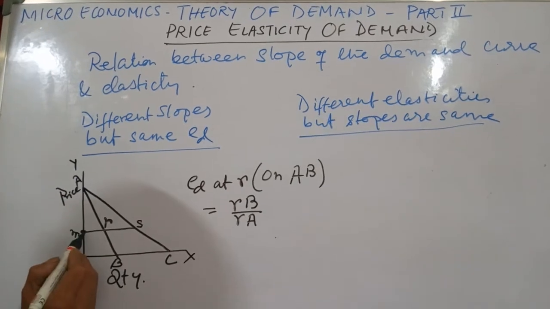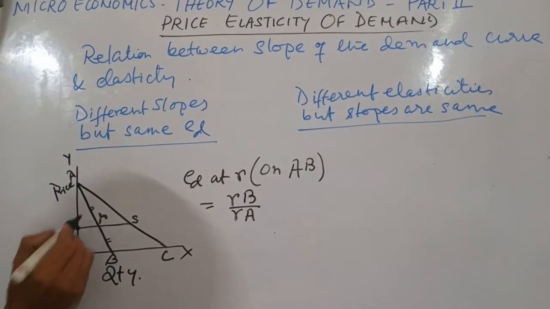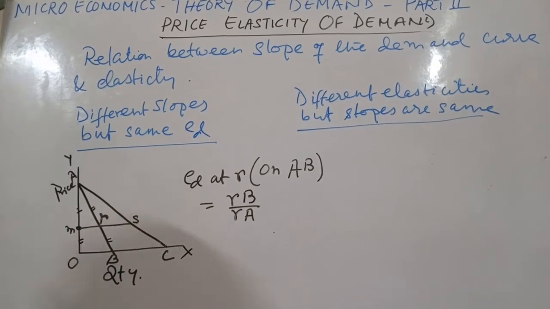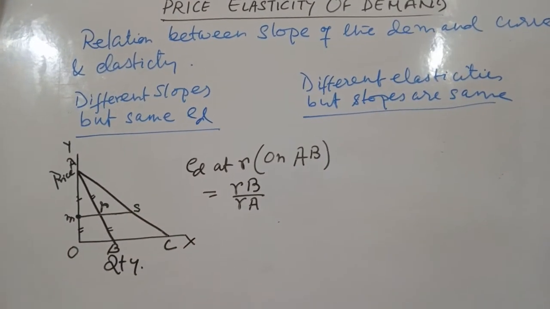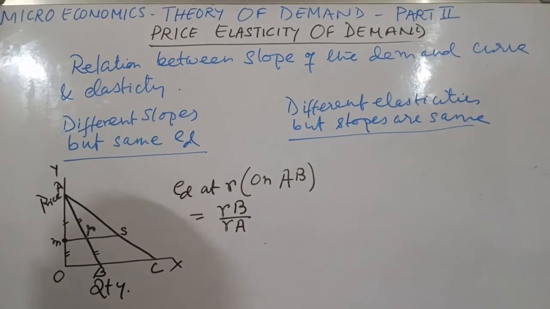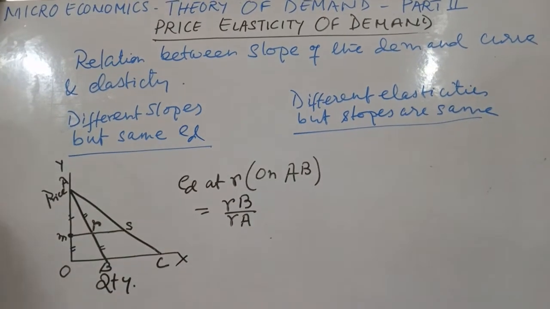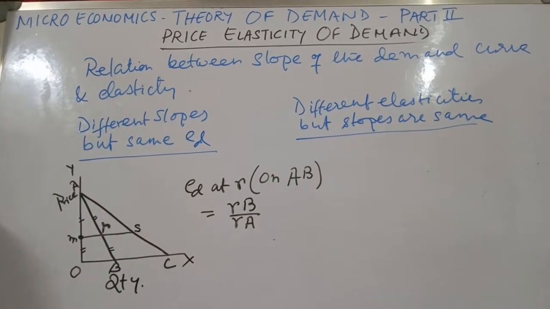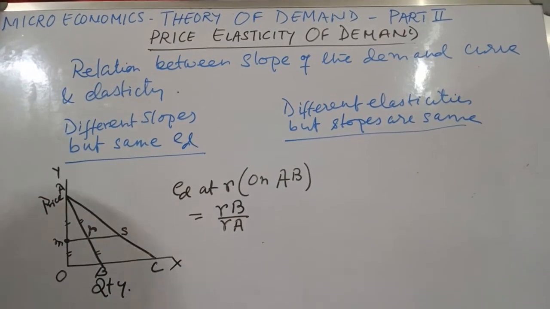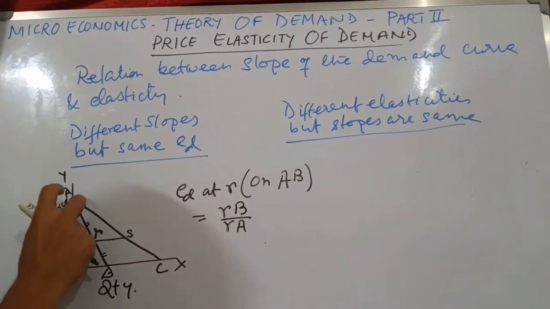That is, if RM is parallel to OB, then this by this equals this by this. That is, RB by RA is equal to OM by MA. This is one property of a right angled triangle. Therefore, RB by RA equals OM by MA.